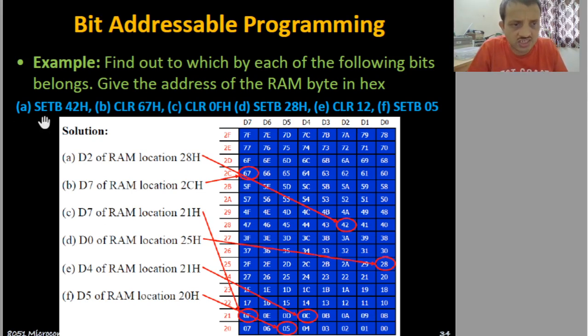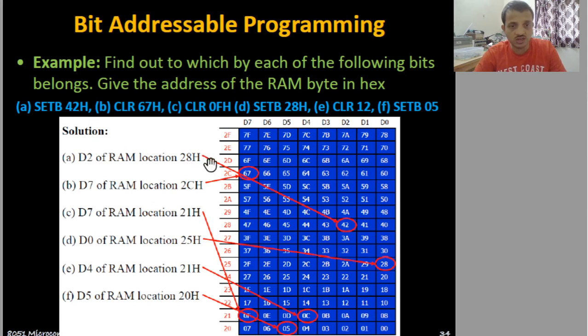See the first instruction, set bit 42. Set is setting the value, B indicates the bit, so it's a bit addressable instruction. Set bit what? Set bit 42H. Where is 42H? 42H refers to the internal RAM bit addressable memory. It is not byte addressable, it is bit addressable.